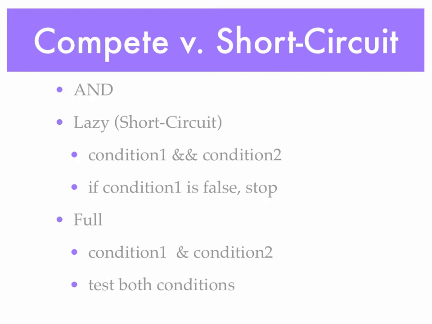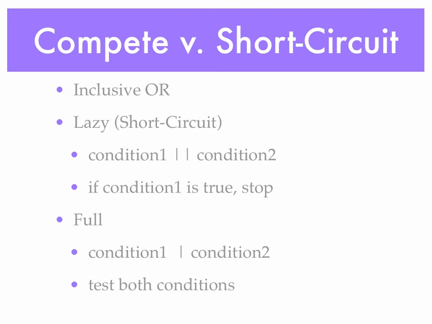So I'll stop right there, because remember, under an and, both conditions must be true. Under full evaluation, and on full evaluation I use the single ampersand, I test both conditions, even if condition 1 comes back false, and I therefore know it's going to evaluate to false in total. I'll still test both conditions. This is complete versus short circuit evaluation, or lazy evaluation, for the and.